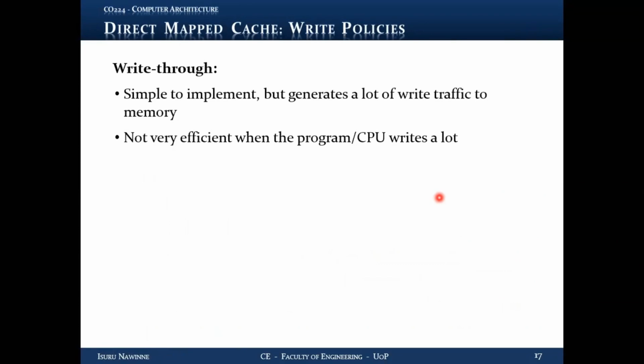So about the write through policy, it's very simple to implement because it makes the implementation of the cache controller simple. It's a straightforward operation. In write through, you always write to the memory as well. Very simple. You just need to send the write access to the memory.